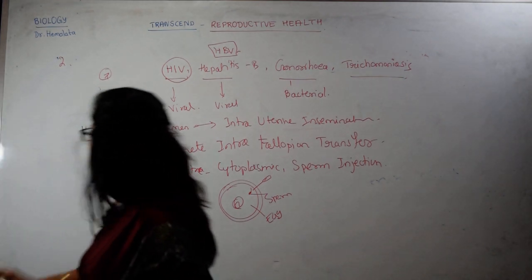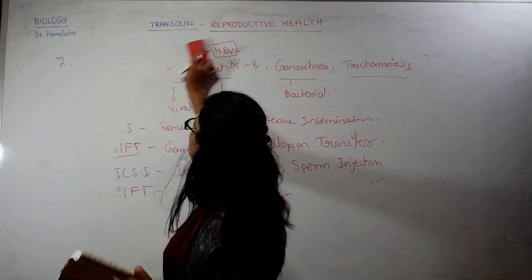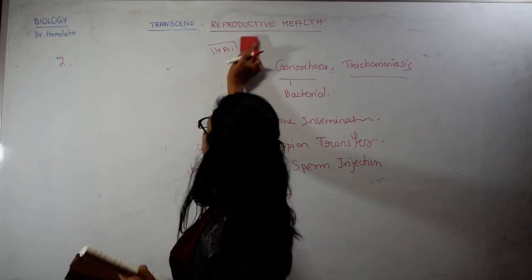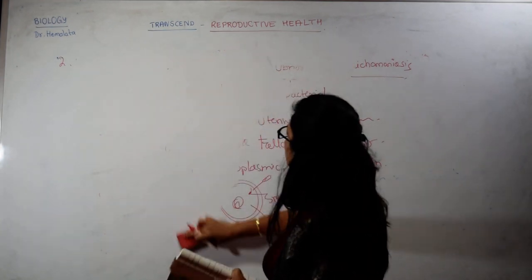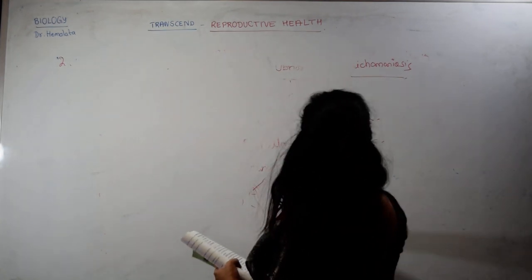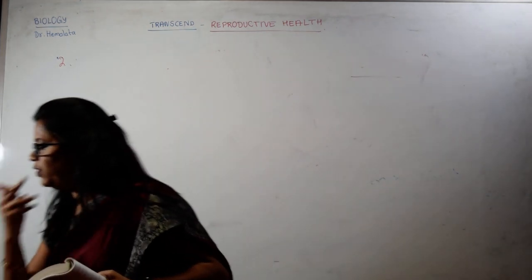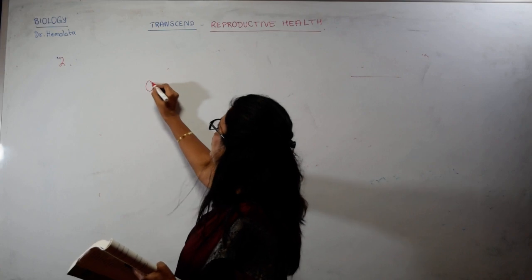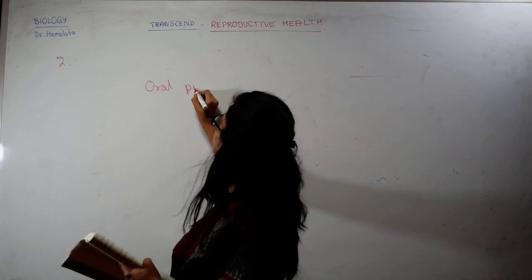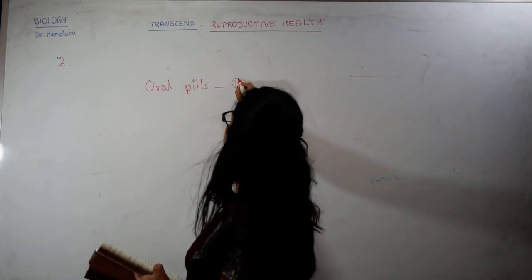So, what are oral pills doing here? These hormones will stop the ovulation. So, when I talk about oral pills, they contain something called progestin.